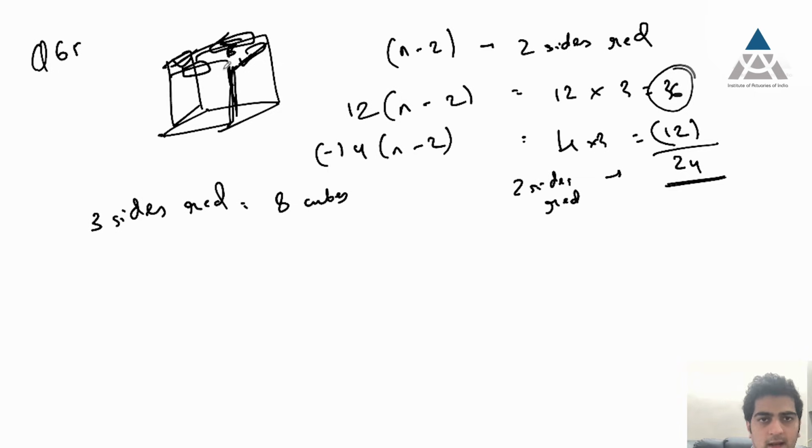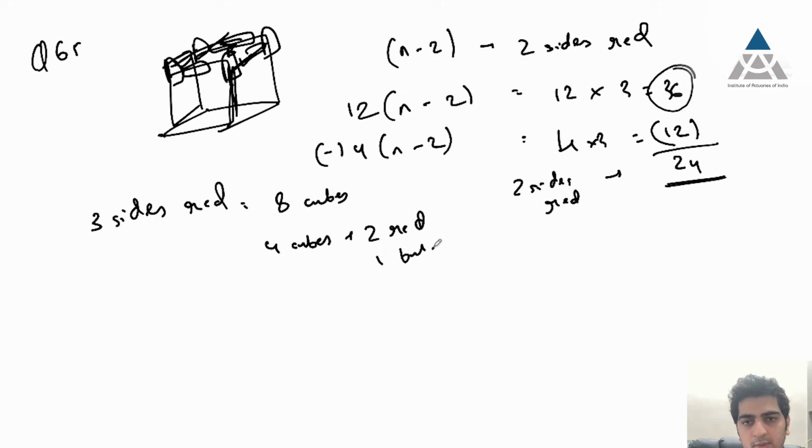But in this one, again you will have this corner, this corner, this corner and this corner. So 4 corners will have two sides red and one side blue, whereas the remaining 4 will have 3 sides red.